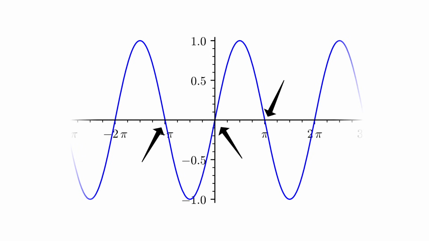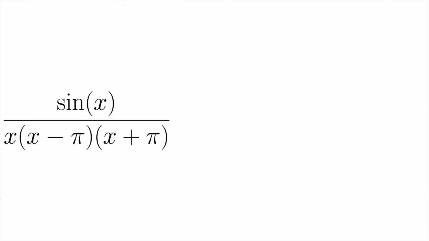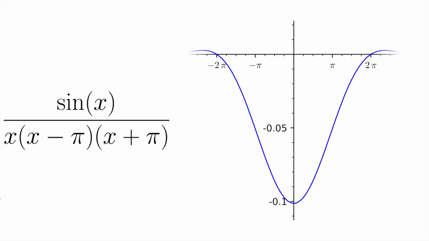So, we want to factor x times x minus pi times x plus pi out of sine of x, and we want to check that this function sine of x divided by x times x minus pi times x plus pi still seems reasonable. And looking at its graph now, we see that we were successful, in the sense that this graph is still continuous with these particular holes at these 3 points.